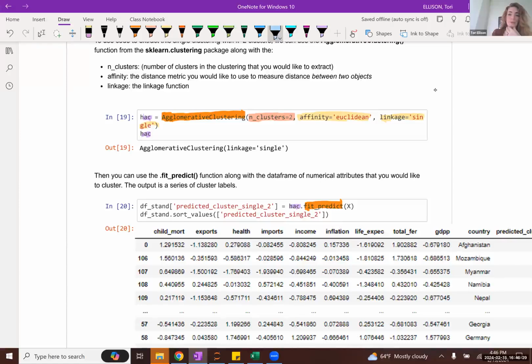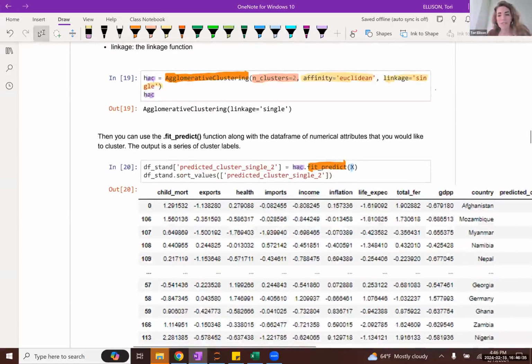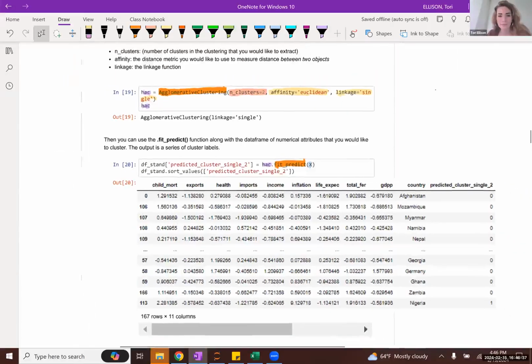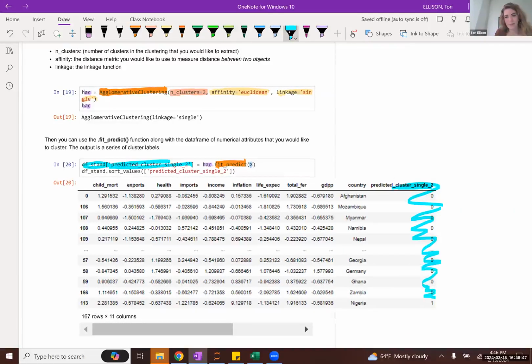So when I run fit predict with this agglomerative clustering object that I've just created, what that returns is a corresponding set of cluster labels here. We can see that Nigeria received its own cluster label, and every other observation received a different cluster label.